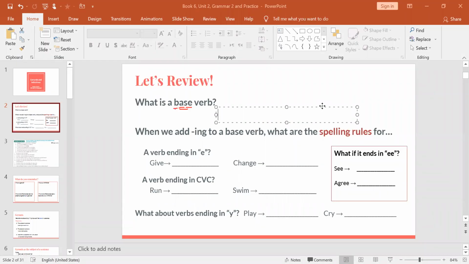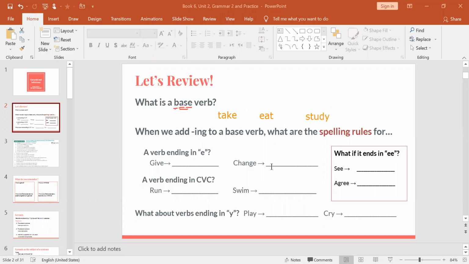Verbs are action words like take, like eat, like study.